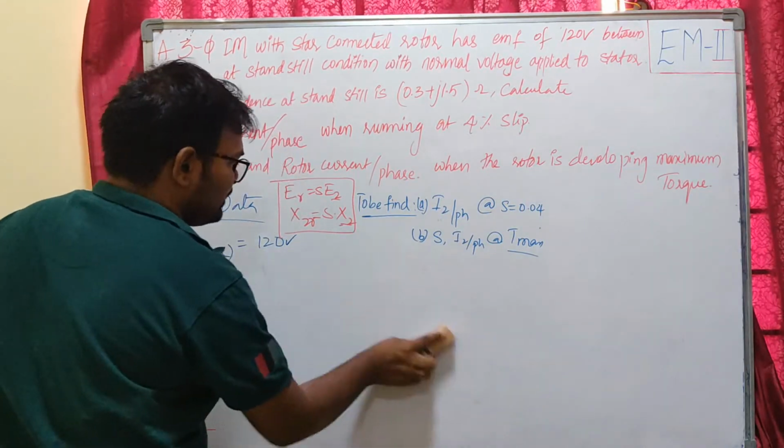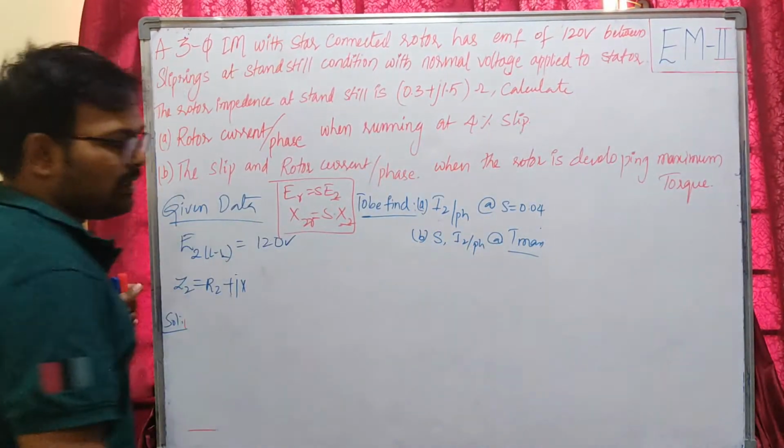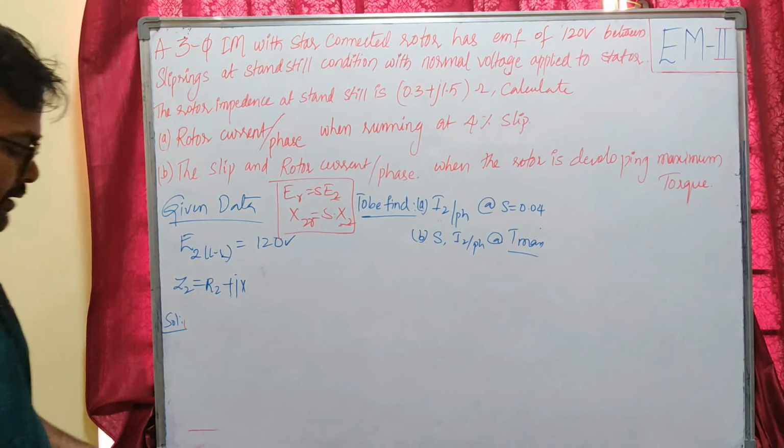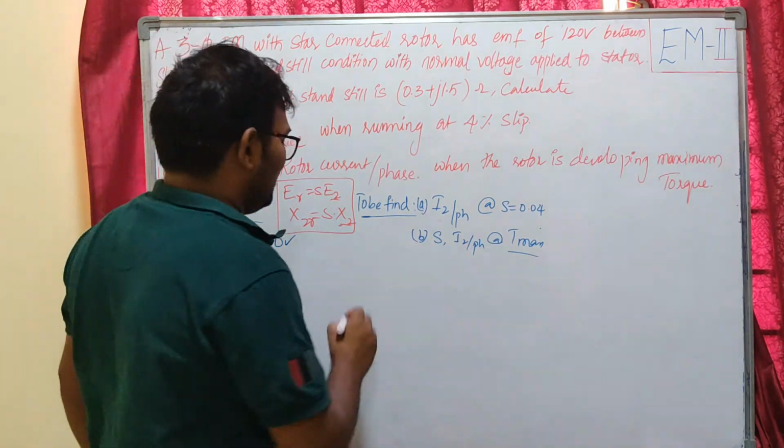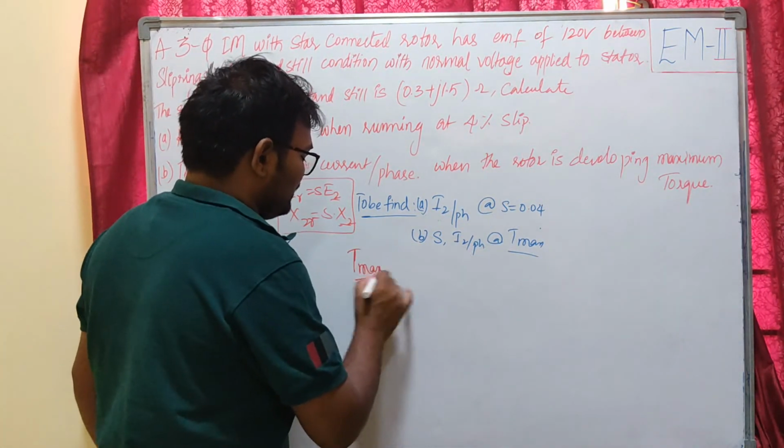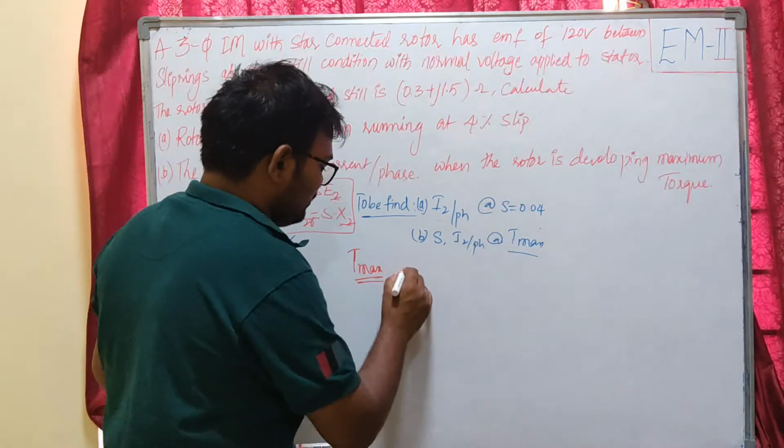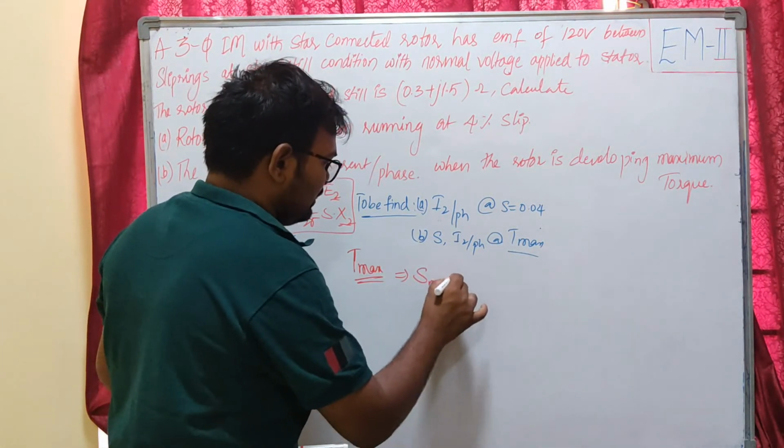Here we have to find out the slip and rotor current at the rotor developing maximum torque. So under maximum torque condition we have the slip S maximum equal to R2 by X2.